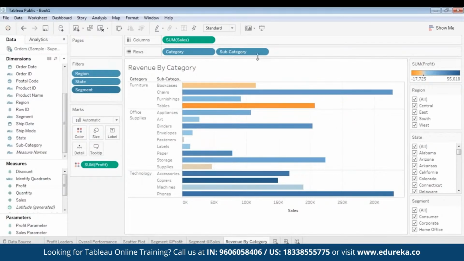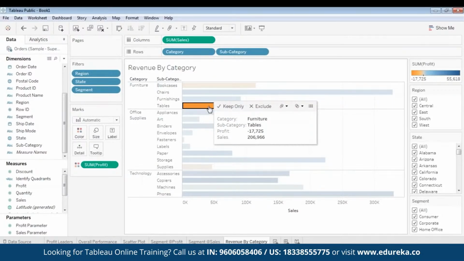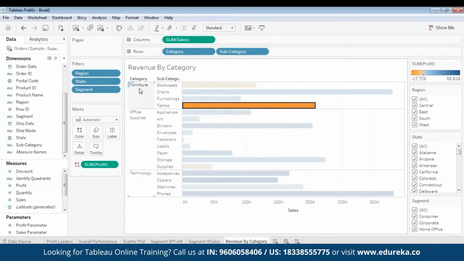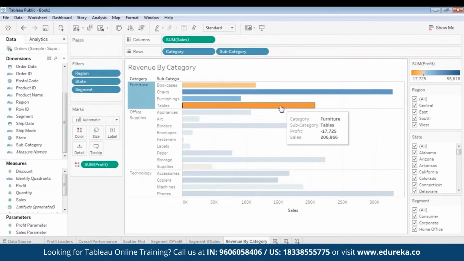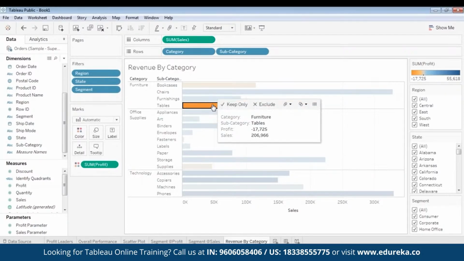So just by looking at this kind of visualization, you can see this data, right? In furniture category and in subcategory table, this is the most unprofitable category. In furniture category, this is the most unprofitable subcategory, right? Tables. So this is the one which is hampering my revenue, okay?